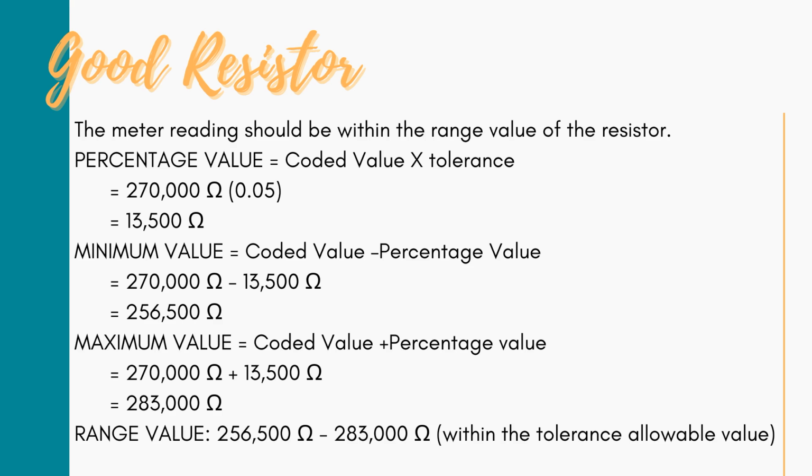Maximum value equals coded value plus percentage value equals 270,000 plus 13,500 equals 283,500. Range value: 256,500 to 283,500, within the tolerance allowable value.